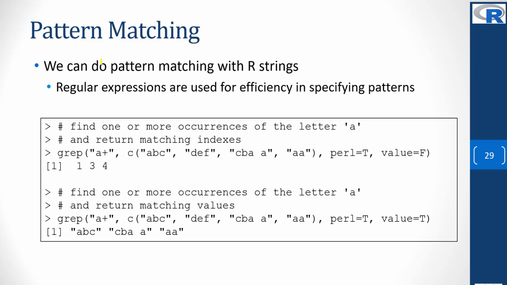I mentioned that strings are formatted as regular expressions in R, although we don't always take advantage of the features provided by regular expressions. If we use the grep function, though, this is a Unix command that has been implemented in R. It allows us to specify patterns and then look for matches in a target of strings, or a vector of strings.